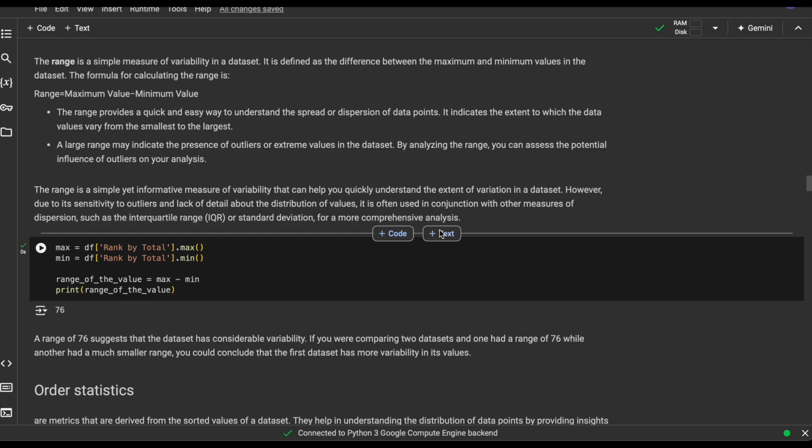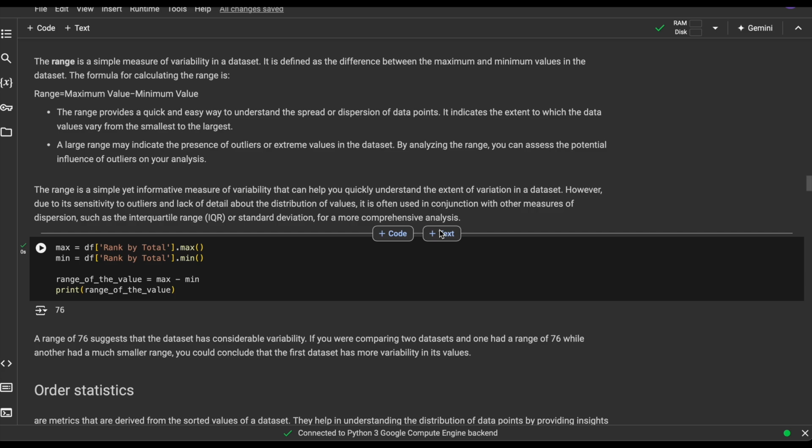Range basically measures the variability; it shows the difference between the largest and smallest values in the dataset. It gives an idea of the spread or dispersion of the data, but doesn't provide insight into how individual points are distributed within the range. Note these most important things: it is sensitive to outliers.